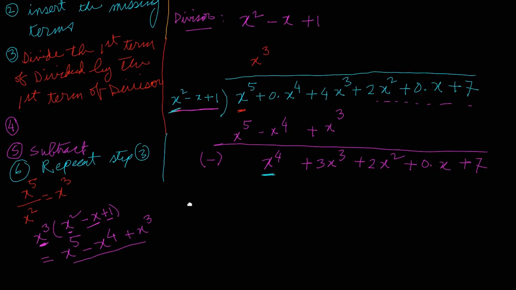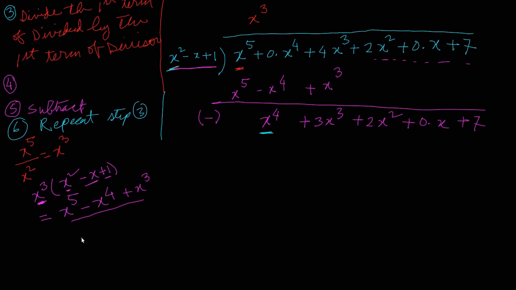Dividing x power 4 by x square, I get x square. So I am going to write down that plus x square here. Now in step number 4, I am going to multiply that x square by this whole divisor.